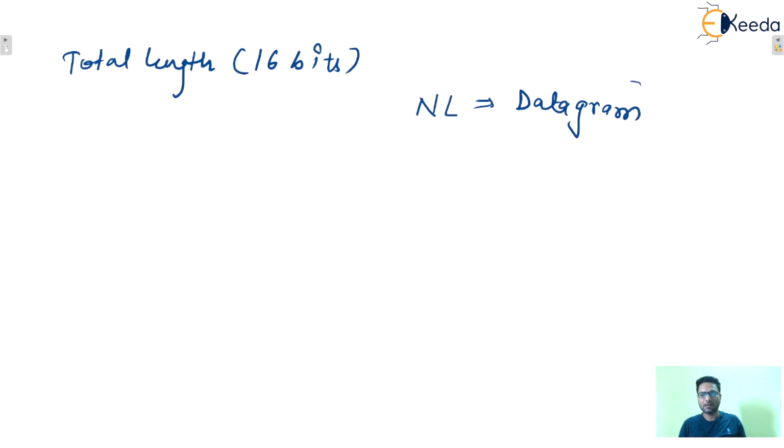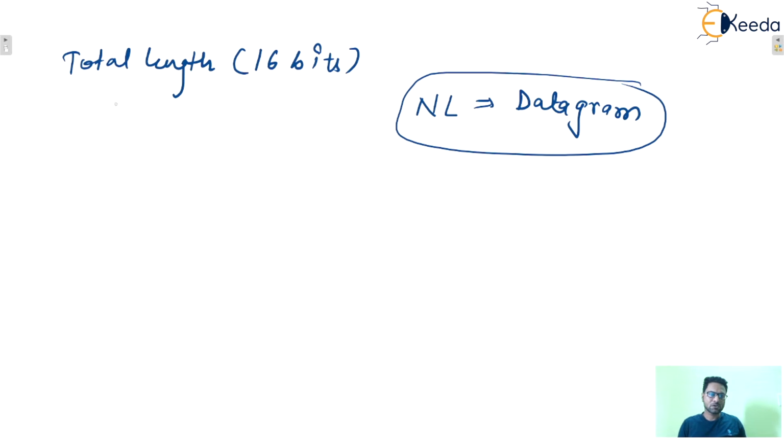So total length, datagram means header plus payload, header plus data. That entire packet is known as datagram. So be careful, datagram means header plus data, both included. Sometimes data is also known as payload.